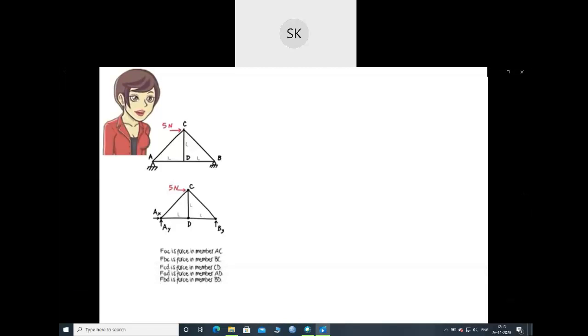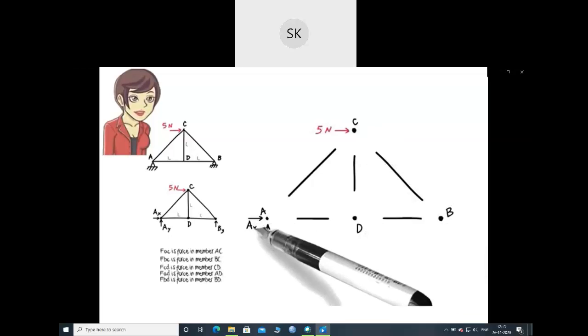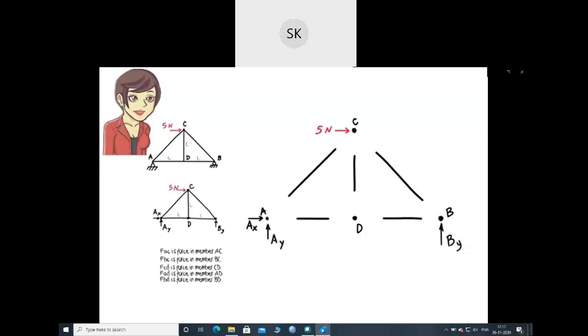Now, let's conceptually separate the members from the joints. That is, we divide the entire structure into 9 segments. There are 5 member segments and 4 joint segments. Let's look at the segment containing member AC. We know the member carries an axial force, but we don't know the magnitude of the force.